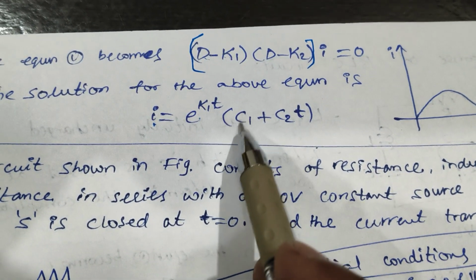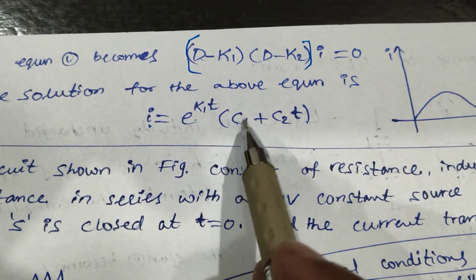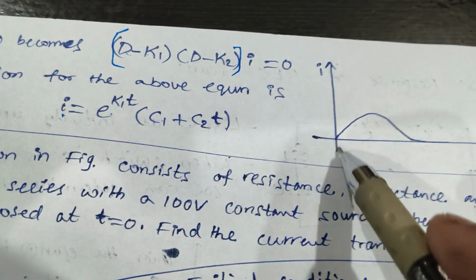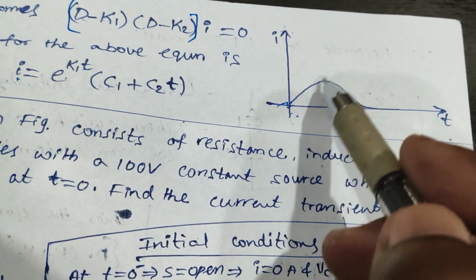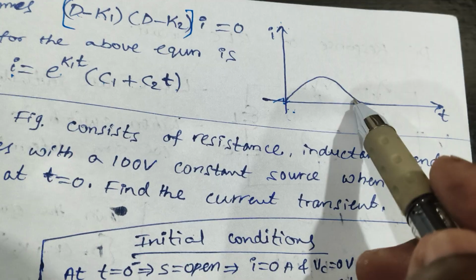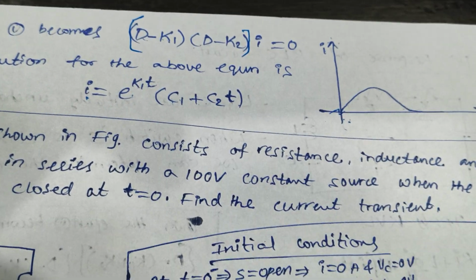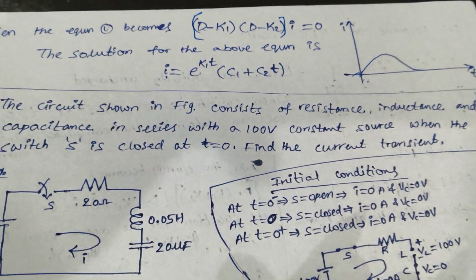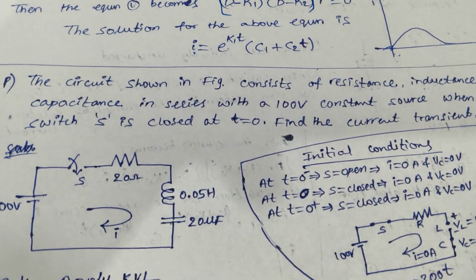On the graph, I is on the y-axis and t on the x-axis. It will increase and decrease, but it will decrease to 0 earlier than the overdamped response. So this is all about the derivation of the DC response of a series RLC circuit.